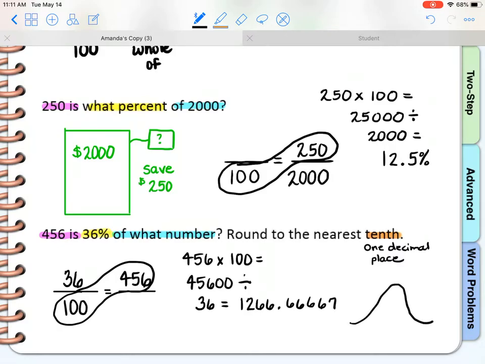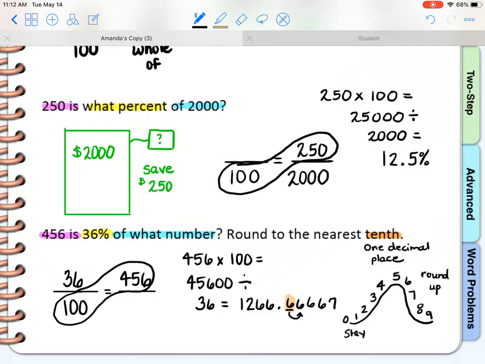I like to tell folks to think of a hill, a bell curve, and if you have a 5, 6, 7, 8, or 9, that's the round up side. If you have 4, 3, 2, 1, or 0, it's going to stay the same. And to do this, you have to look at your neighbor. This is the tenths place, and we want to keep that. So we have to go next door here and find the 6.